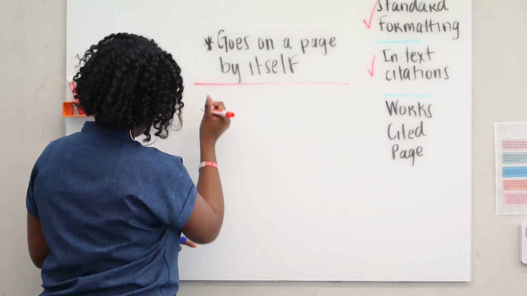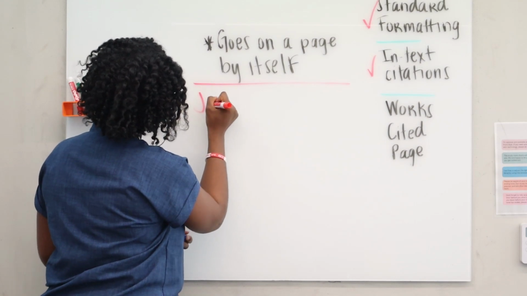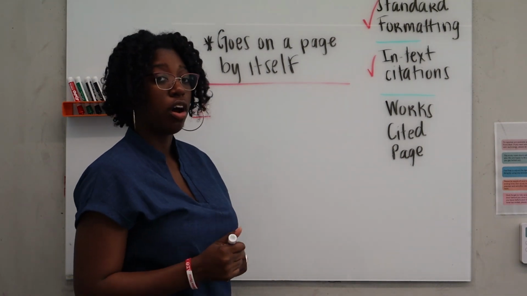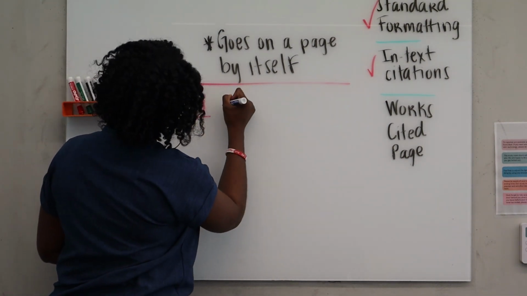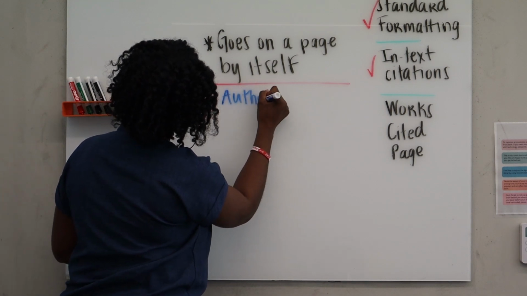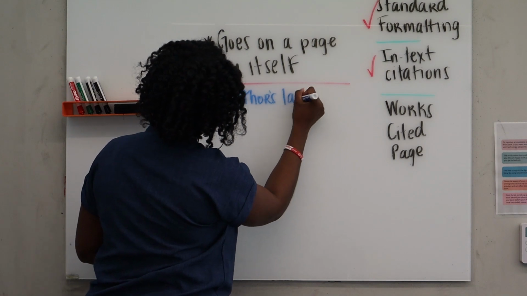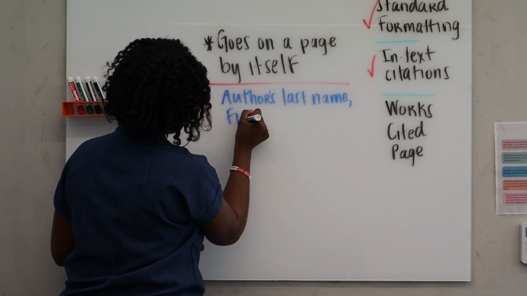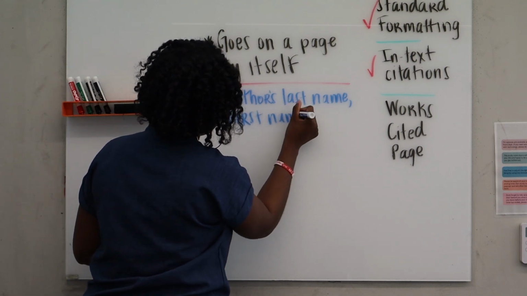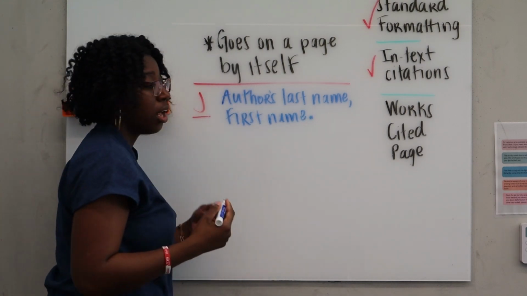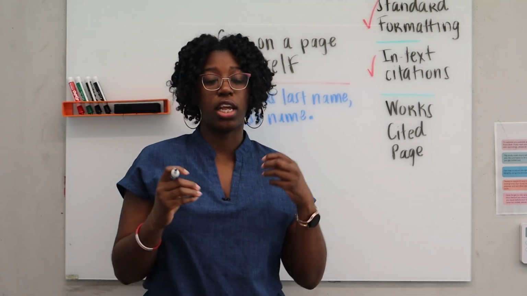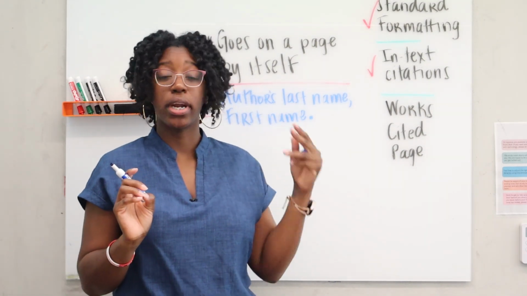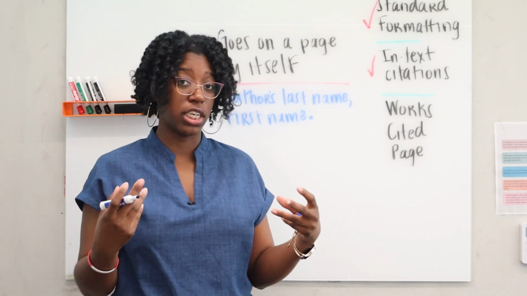So for a journal, you're always going to start with the author's last name, and then comma, first name, and close that off with a period. Now, when you're doing citations, punctuation is imperative. So please pay attention to where the punctuation is and what punctuation is there.